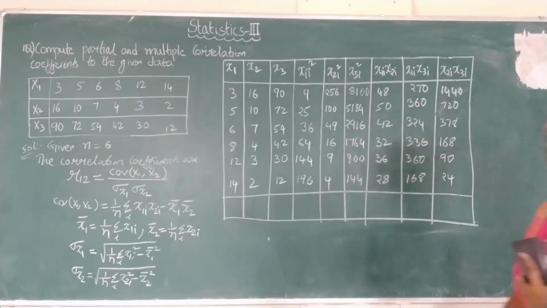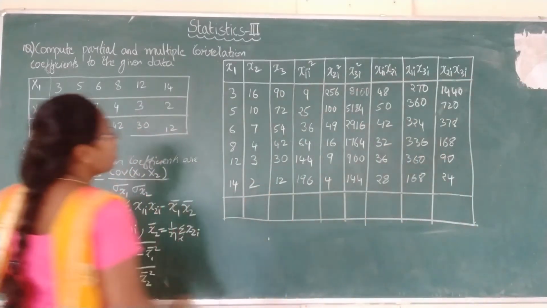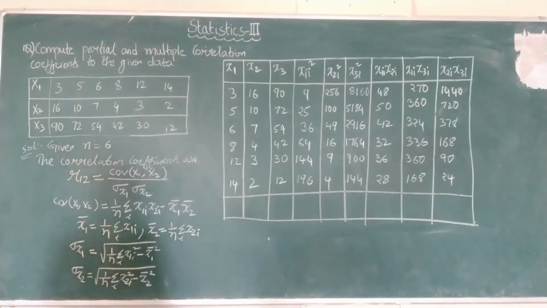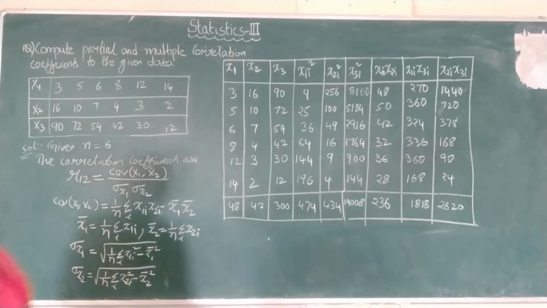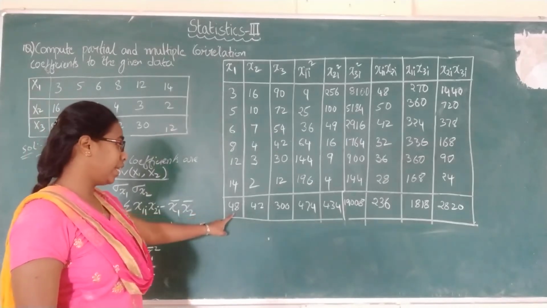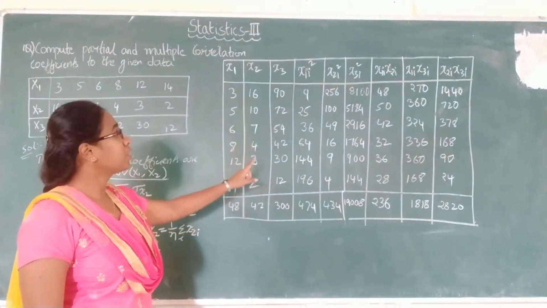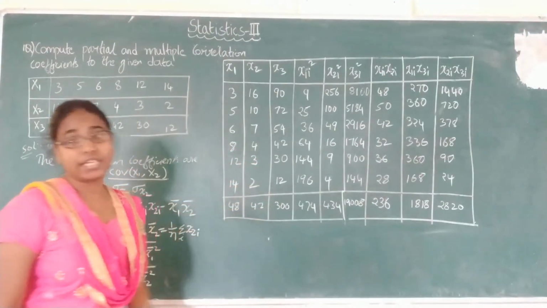Now do the summations for all the columns, right from x1 to the last column, x2 into x3. The summation of x1i is 48, summation of x2i is 42, summation of x3i is 300.